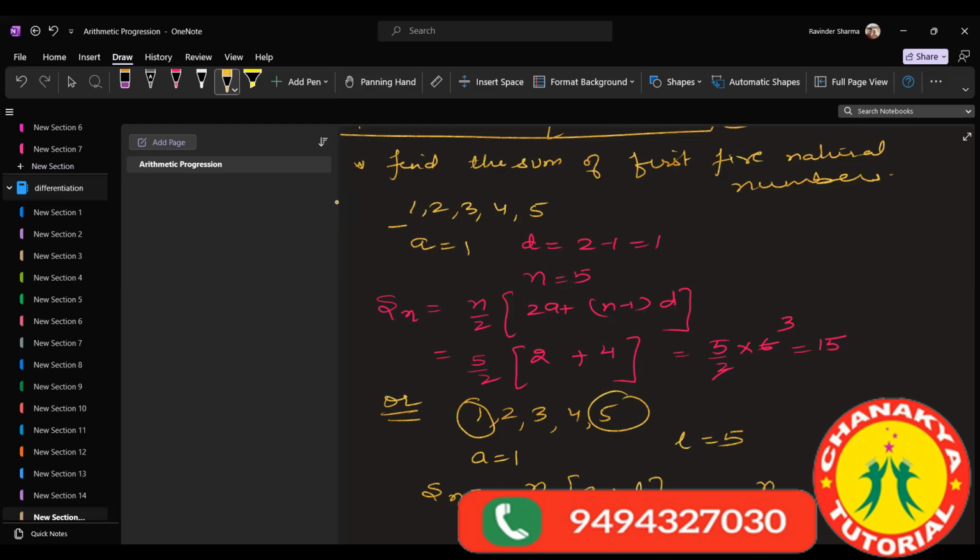So it is n by 2, first term is 1, last term is 5, and the value of n is also 5. So 5 by 2 into 6. 2 3s are 6, so it will be 15. Now children, have you understood how to apply this formula? Yes, ma'am. Please note this.